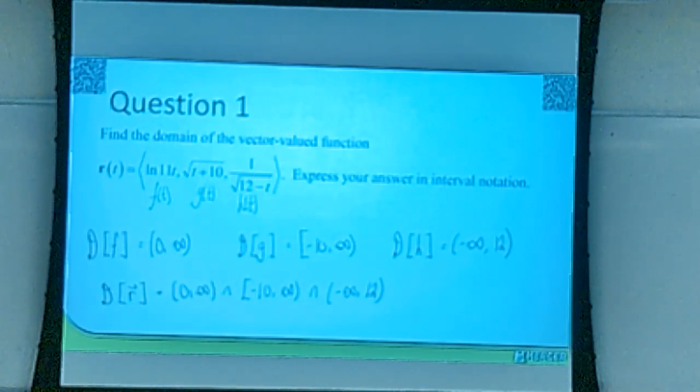So it's the set of all points that are in common. If you look at a Venn diagram, it's where they all overlap. Infinity's not in all three, so it can't go to infinity.